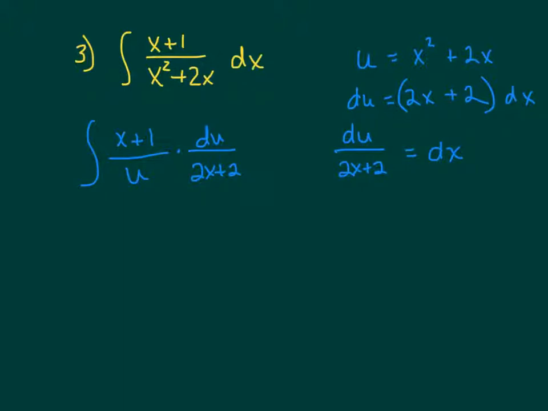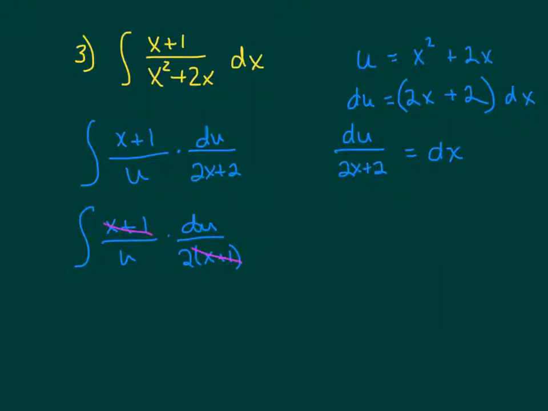So does anything stick out to you that you could do with these two terms, the x plus 1 and the 2x plus 2? That's what I want to cancel. And hopefully you're recognizing, oh wait, 2x plus 2 can of course be factored. And so I could write this as the integral of x plus 1 over u times du over 2 quantity x plus 1. Now I can cancel out my x plus 1's.